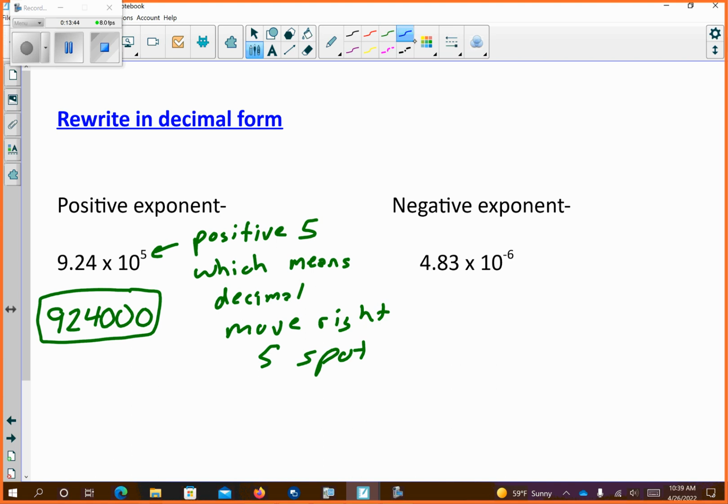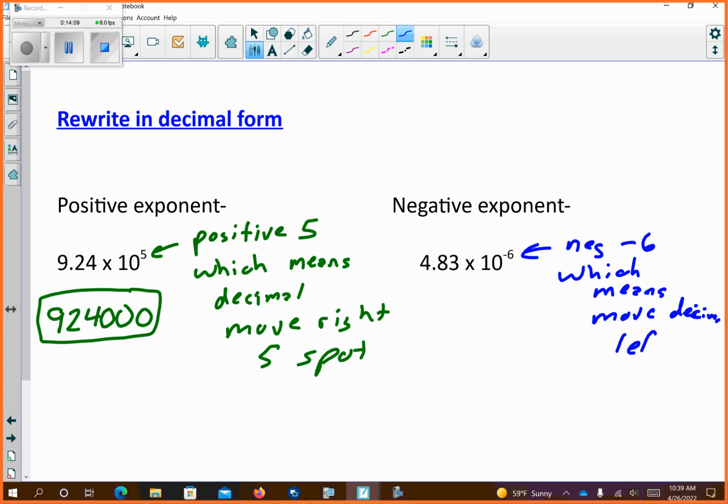So if I have a negative exponent, negative 6, which means move the decimal left 6 spots.